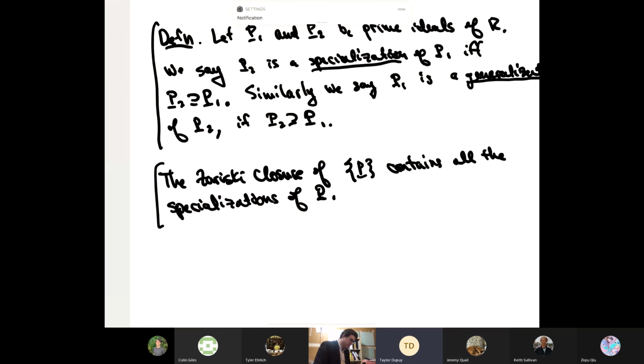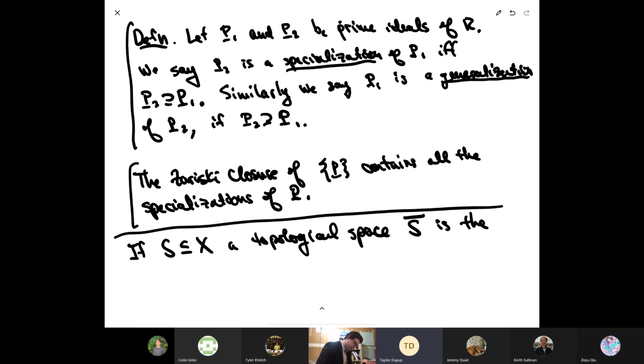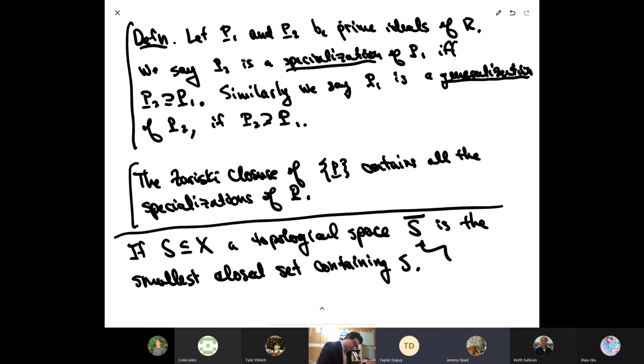Right. So in a topological space, if S is a subset of X, a topological space, S bar is the closure. The closure is the smallest closed set containing S. Yes, but didn't we say that the points were closed?